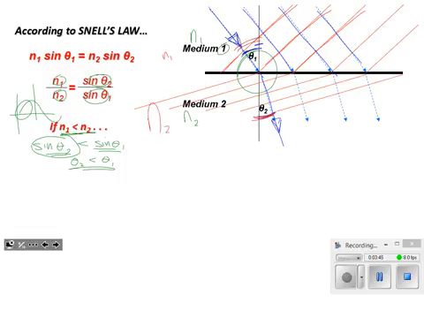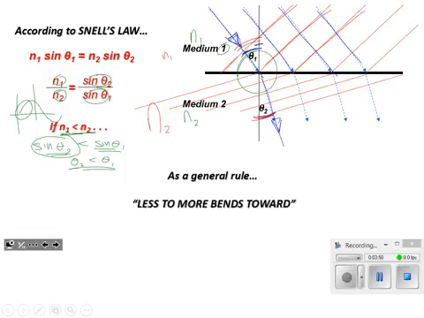All right, and in a case like this, this helps us demonstrate this nice little mnemonic device that says, less to more bends toward. Refraction, on a qualitative and semi-quantitative sense, works with this mnemonic that less to more bends toward. Well, what the heck does this mean?